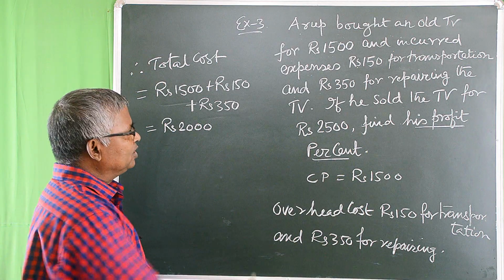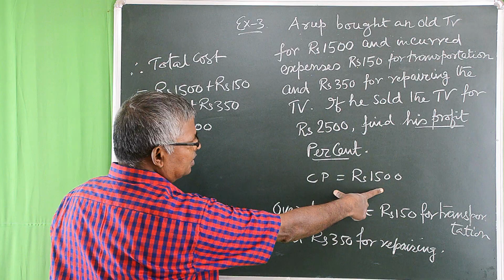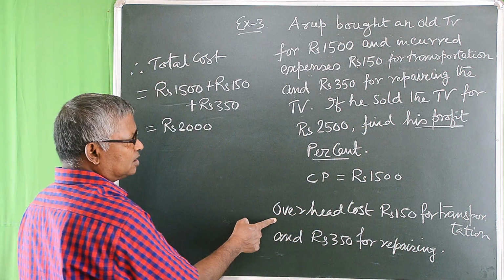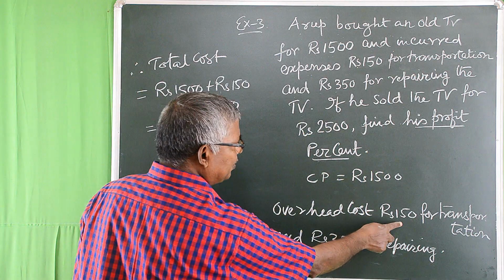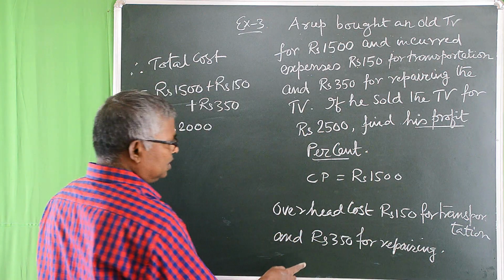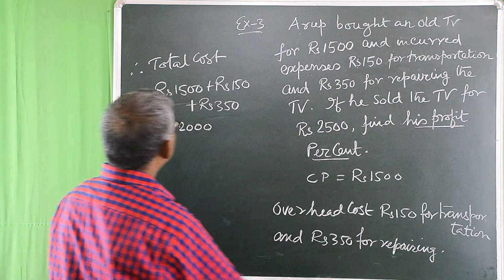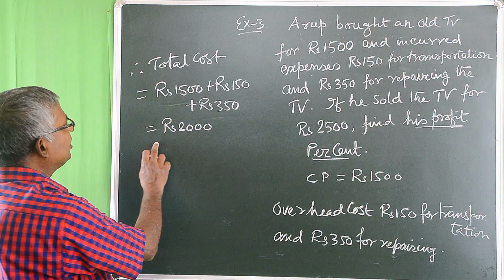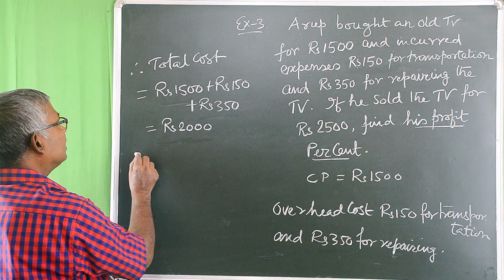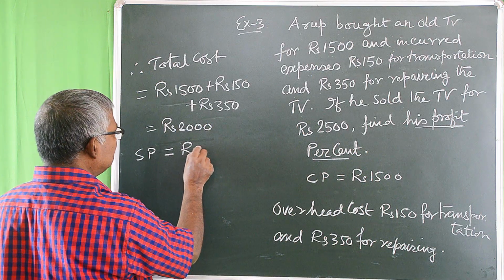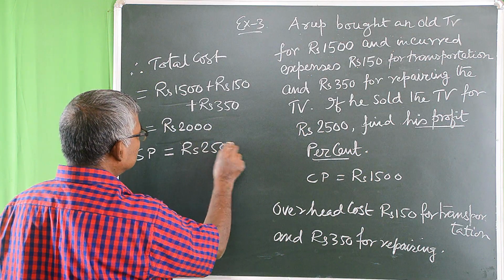Students, here given that cost price of that old TV is 1500 and two overhead costs are there, that is 150 for transportation cost and rupees 350 for repairing the TV. Therefore total cost of the TV equal to 2000 and selling price equal to rupees 2500.